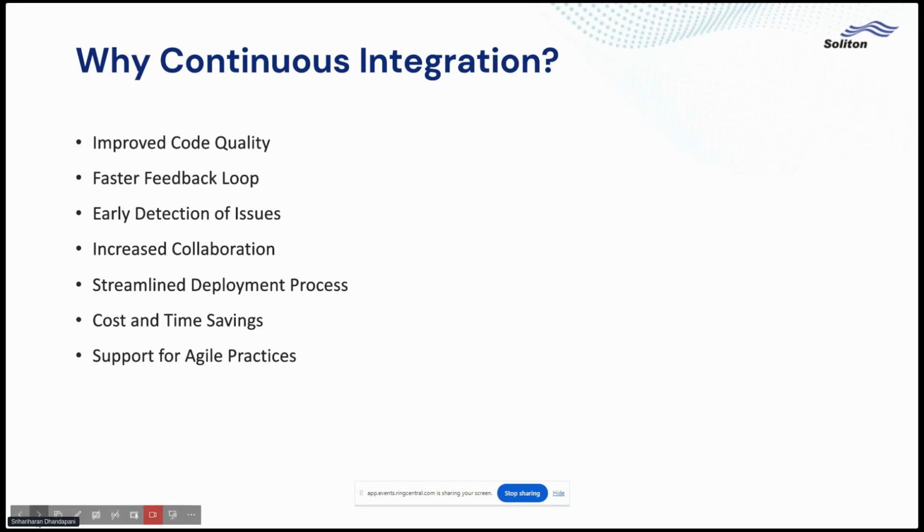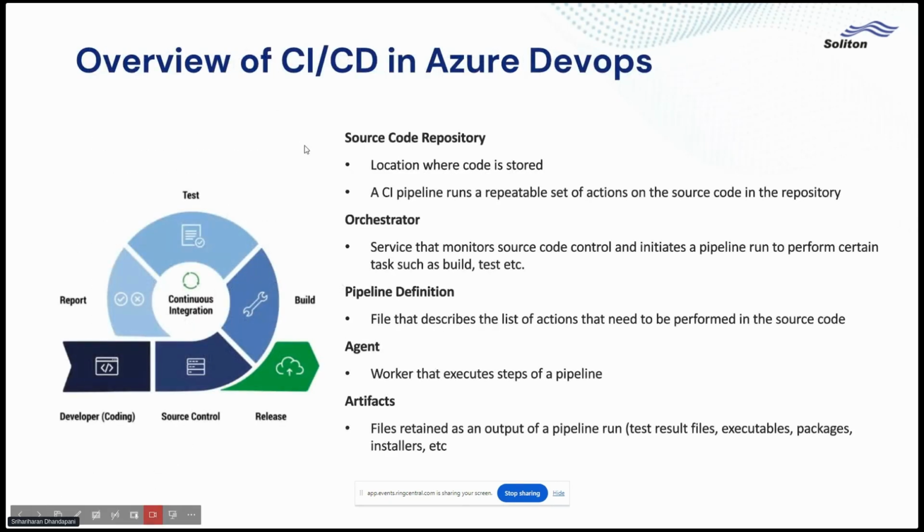Okay, so now we can see what the main elements in Azure DevOps are that help in implementing this continuous integration and CD. As you see here, this is the general software development practice. The developer makes some changes based upon the new functionalities that have been requested.